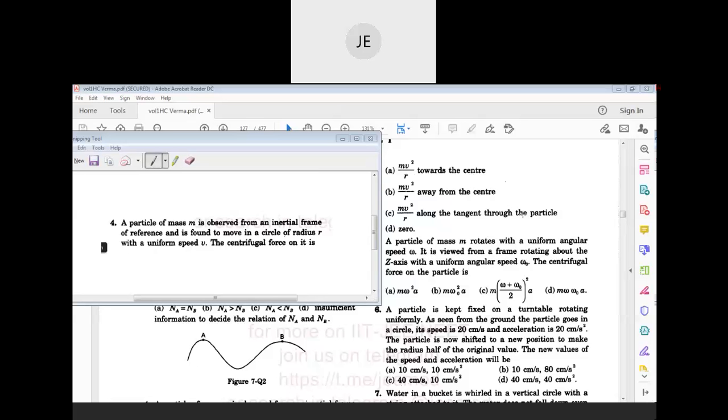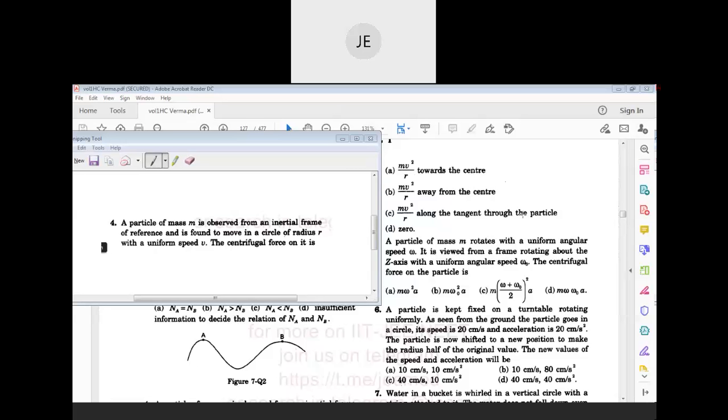Centrifugal force is a pseudo force. And pseudo force will only exist when it is seen from a non-inertial frame. They have clearly mentioned it is observed from an inertial frame.